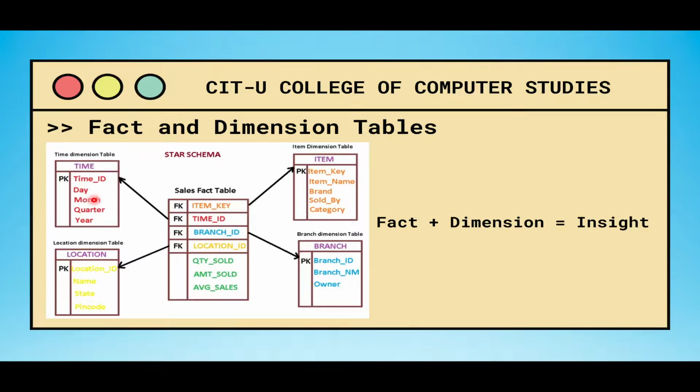Meanwhile, the main characteristics in the fact table are quantitative. So take note, fact table plus dimension tables is equal to insight. We are trying to arrange our data in such a way that it's easy to read, so it's easy for Power BI to analyze your tables.